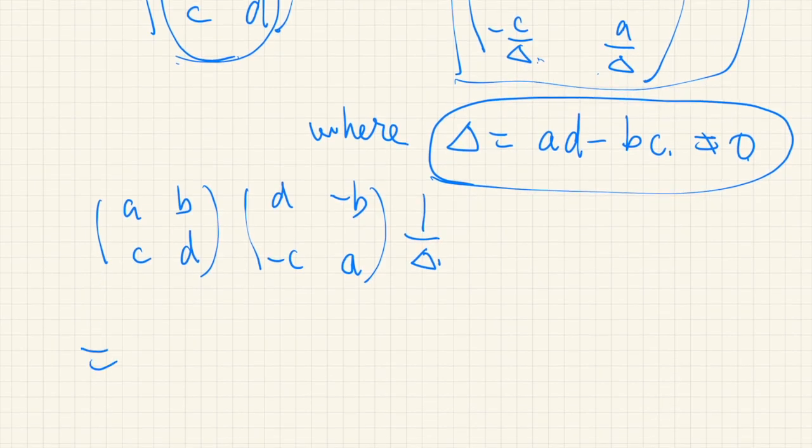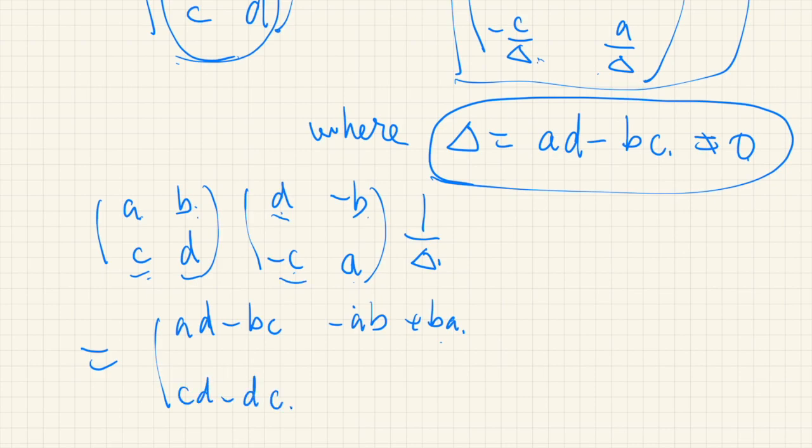Multiply these two matrices: AD minus BC, and minus AB plus BA, so this will be 0. And CD minus DC, so this will be 0. And minus CB plus DA.